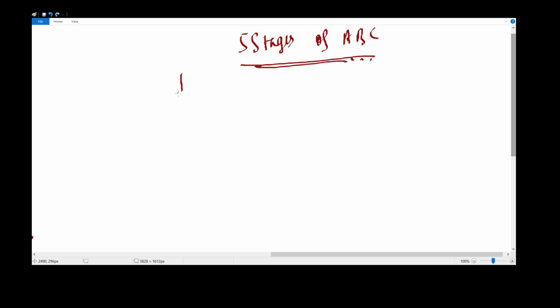So, what is stage one? It is identify the major areas, the major activity areas in the organization. Or you can say major activities in the organization.